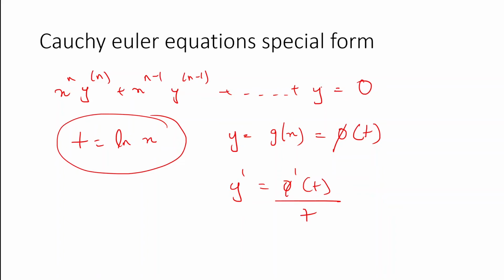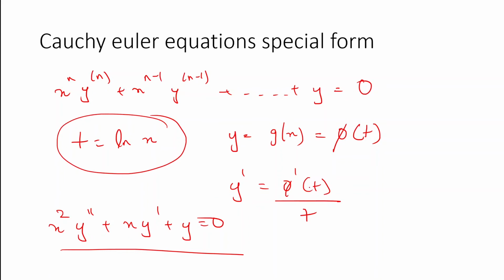Because it is pretty difficult to write the nth derivative form, we will consider only the second order derivative. So the second order equation: x squared y double prime plus x y prime plus y is equal to 0. We are solving this equation using our substitution, t is equal to ln x.